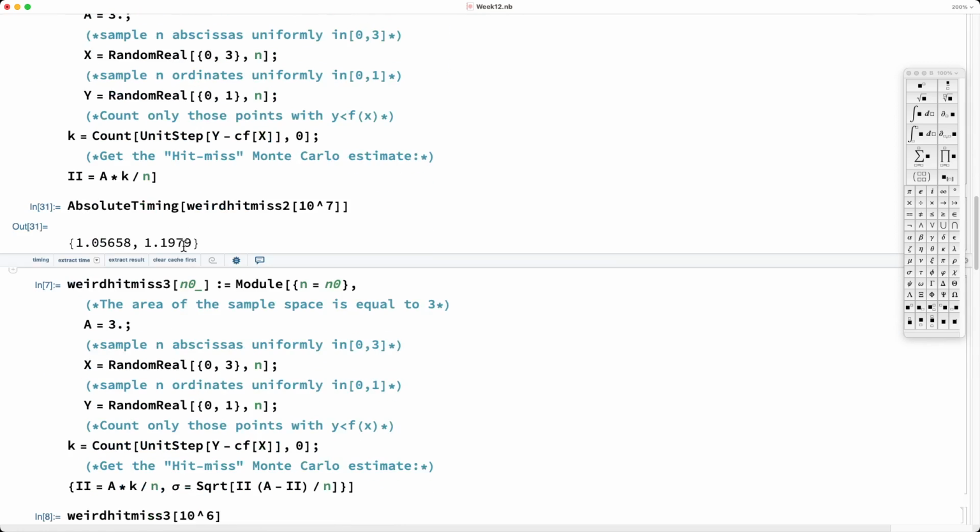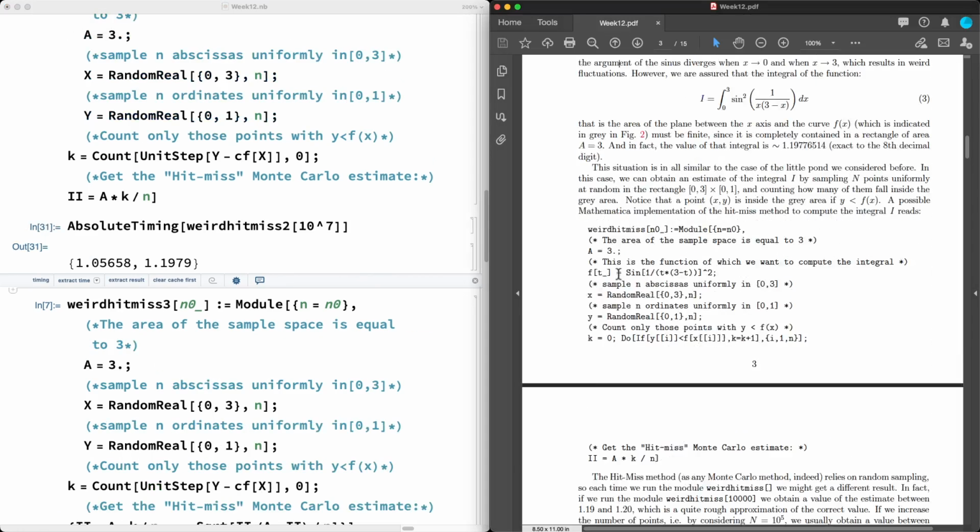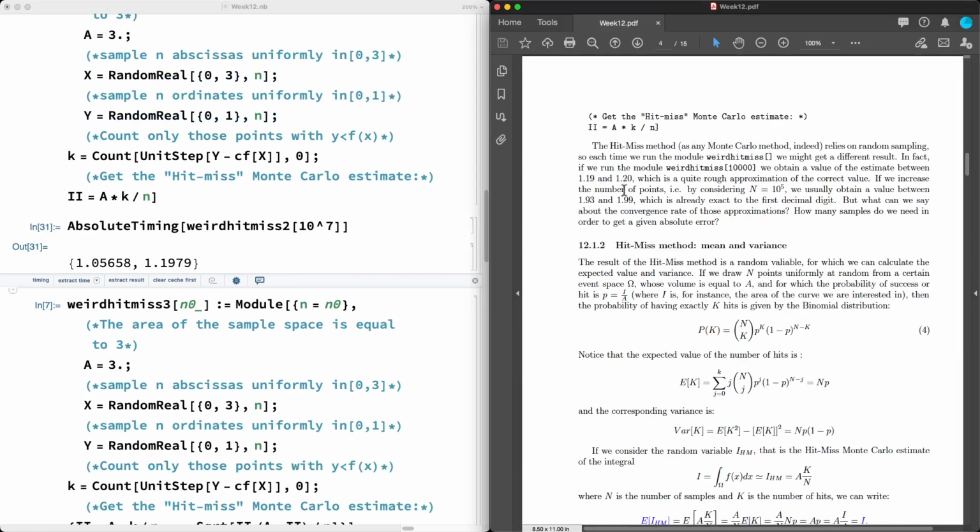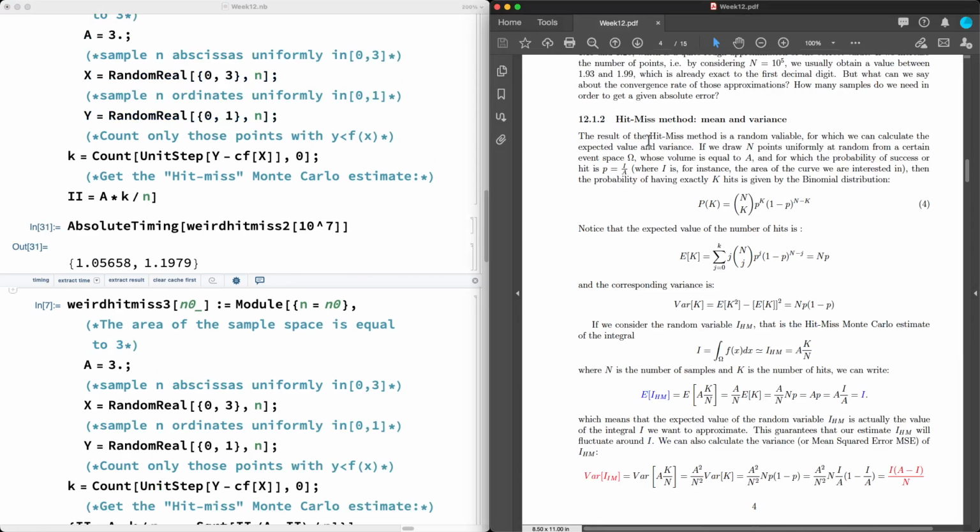Finally, we can also estimate the variance in this case. If we look at the notes, you can calculate the mean and variance by realizing that this is a binomial distribution.